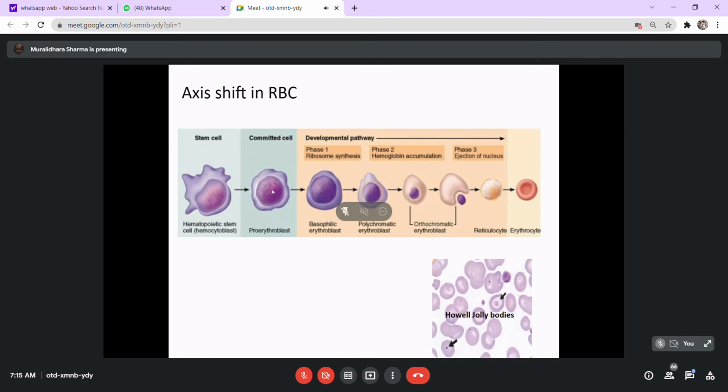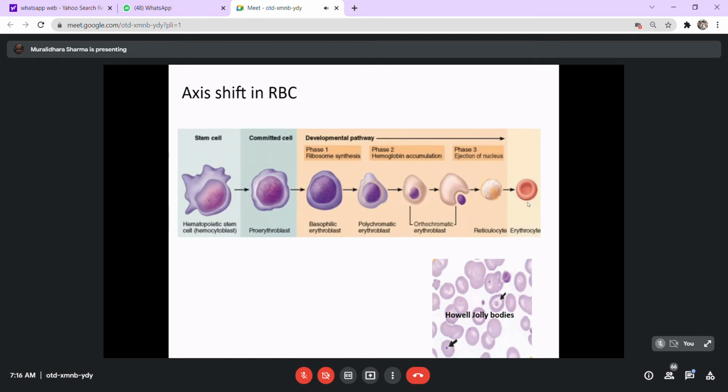Now again, if there is increased destruction of RBCs, then there will be a shift to the left. You will have more of these premature cells. When more reticulocytes are seen, or even different stages of the hemocytes are seen, then we say that there is a marked shift to the left, which suggests that the RBCs are being destroyed.